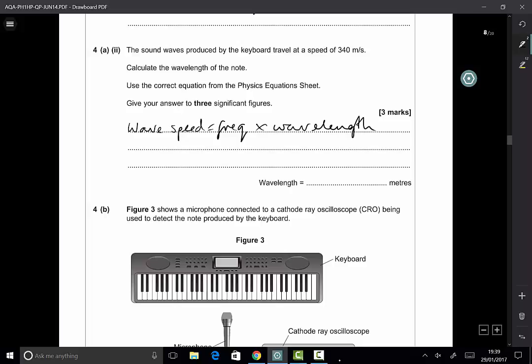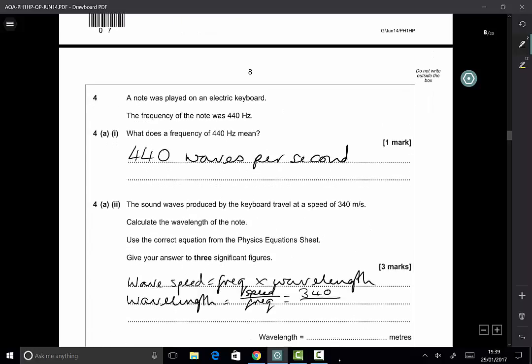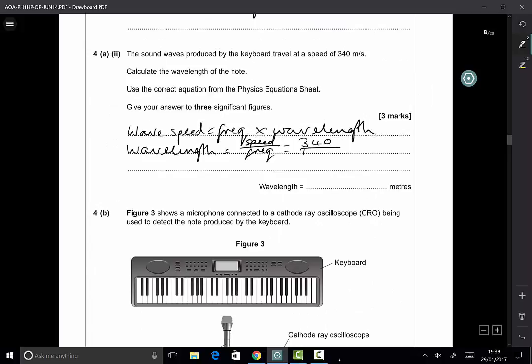So we're going to have to rearrange that. To do that, we need to divide both sides by frequency. So wavelength is equal to speed divided by frequency. So our wave speed was 340 and our frequency, looking back, was 440.